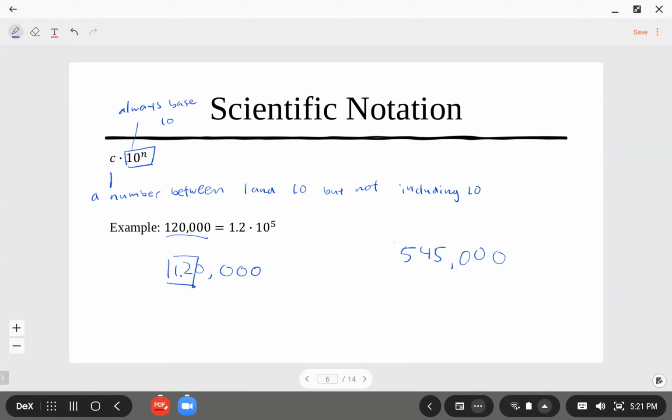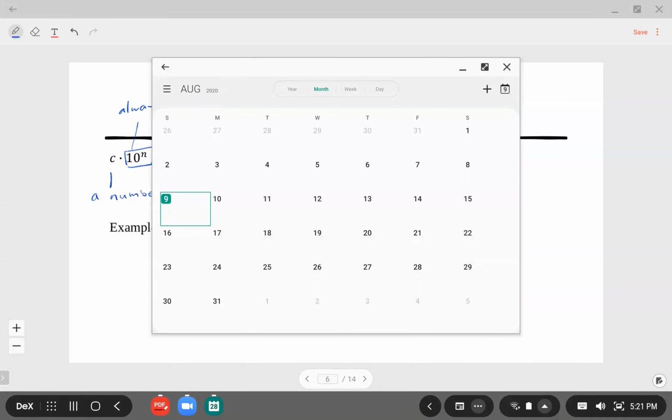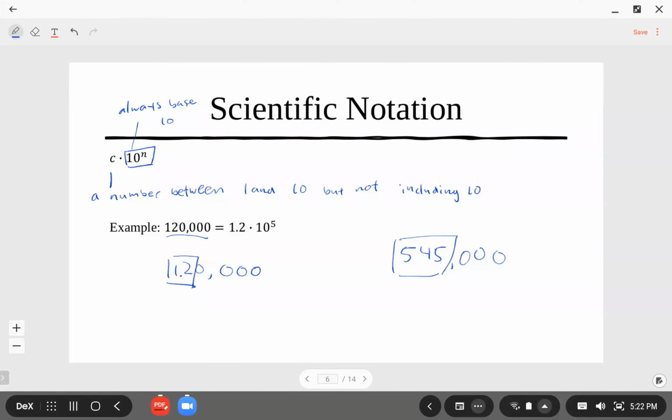You will have to include all the numbers that are not zeros into this box, and then you have to move the decimal point and turn this number 545 into a number that is between 1 and 10, right? You can move the decimal point right here. You get 5.45, right?